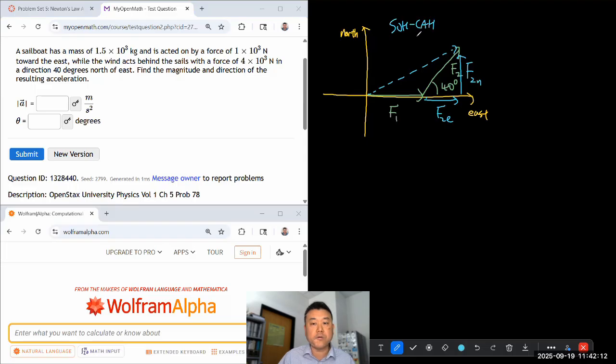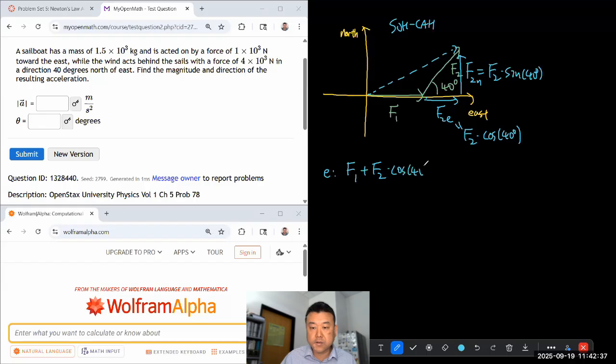The northern component is the opposite side, so this should be F2 times the sine of 40 degrees, and the eastern component is the adjacent side, so this should be F2 times the cosine of 40 degrees. So the eastern component of the net force should be F1 plus F2 cosine 40 degrees.